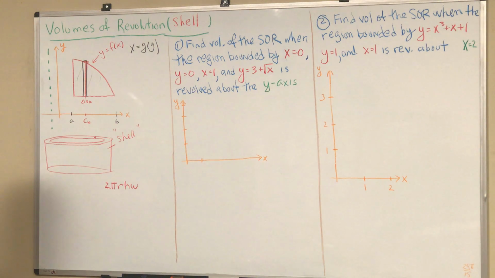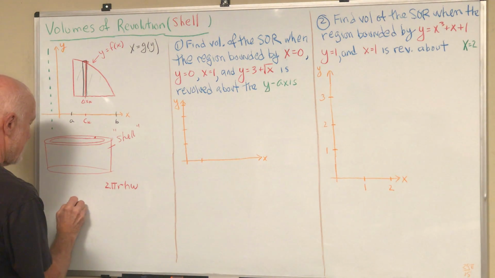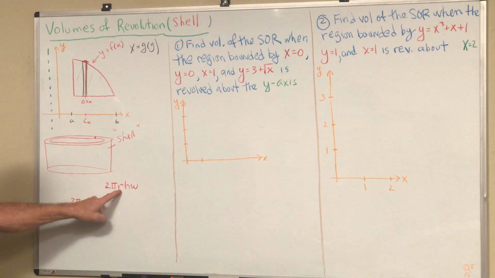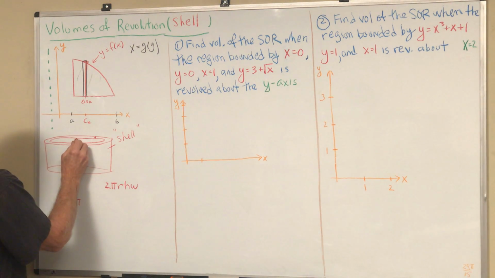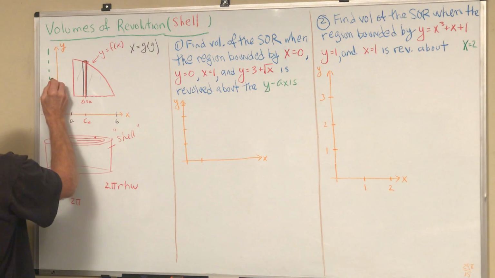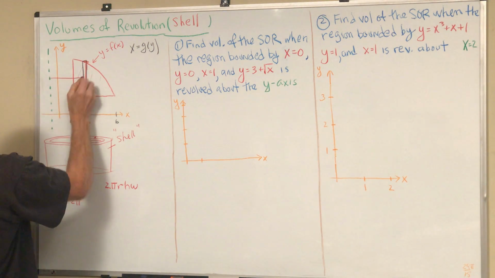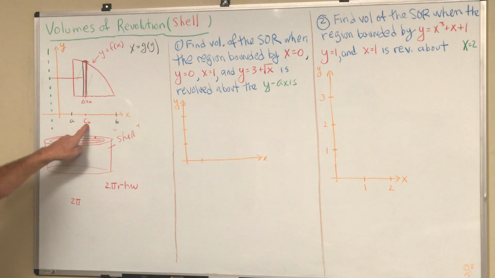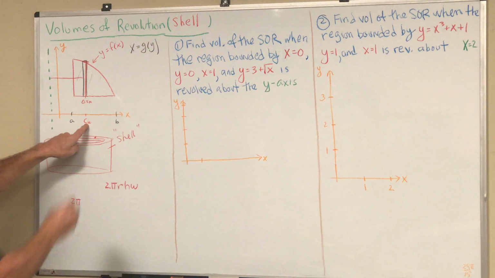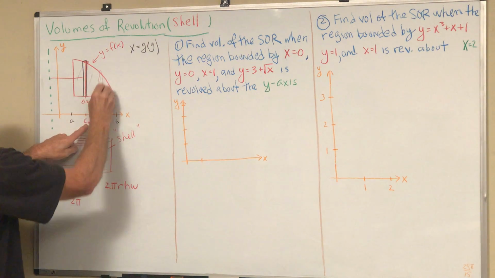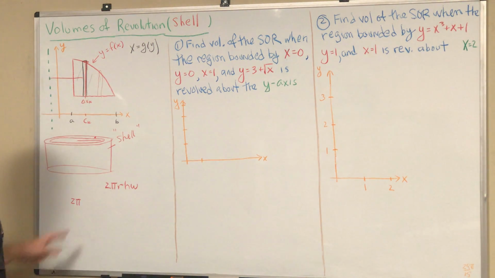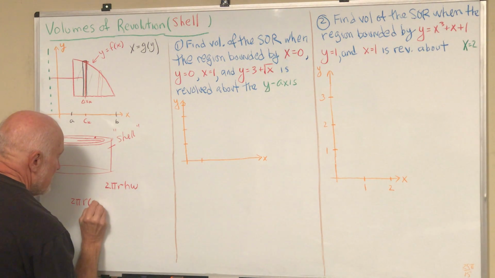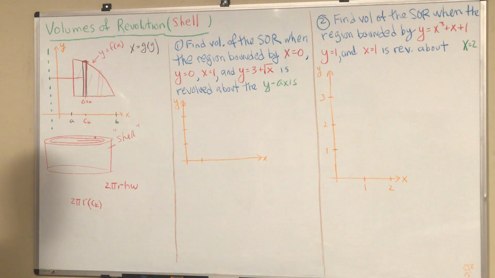Well, let's see. 2 pi is just a constant. R is this radius right here, so that would be coming from here to here. And you can see that that's a function of where I pick this c sub k. If I had picked the rectangle over here, it would be a bigger radius. So this is not a constant, it's a function of where I pick c sub k.